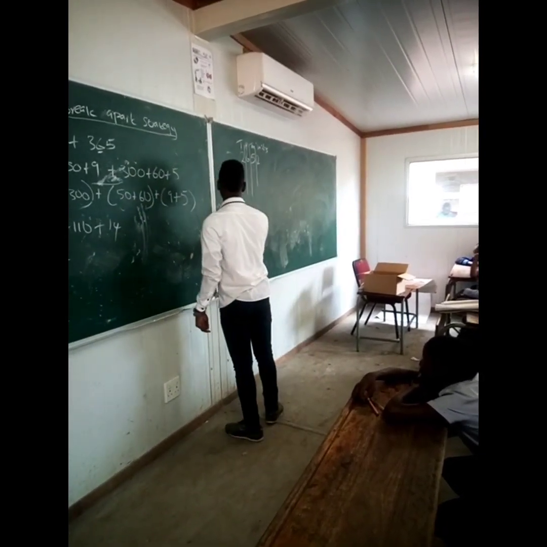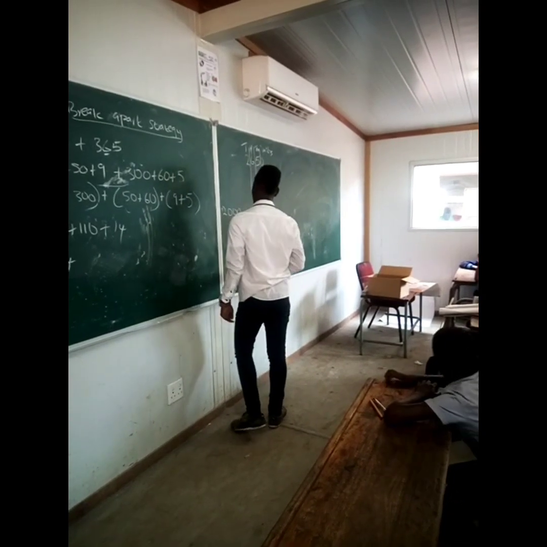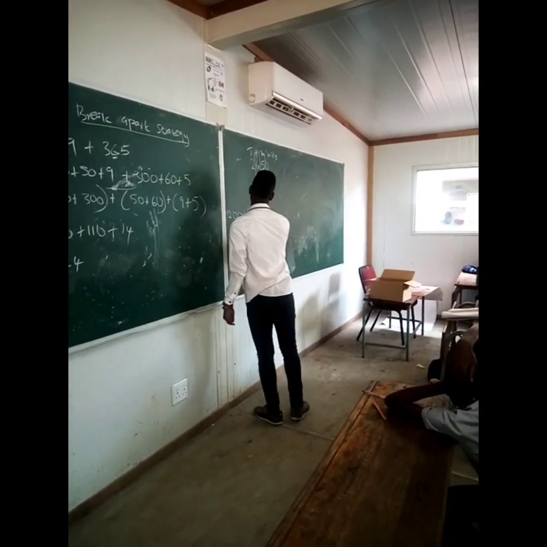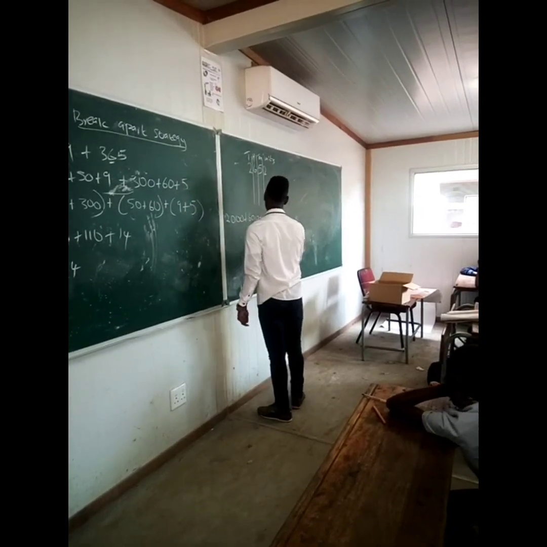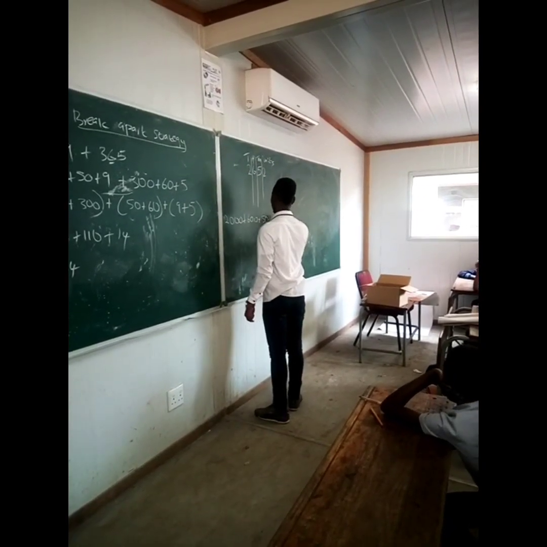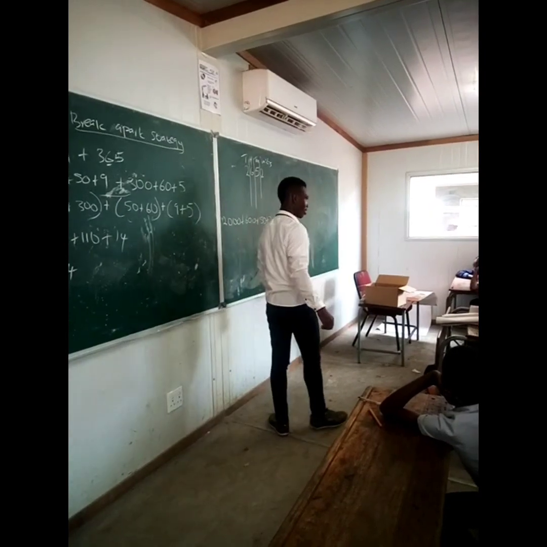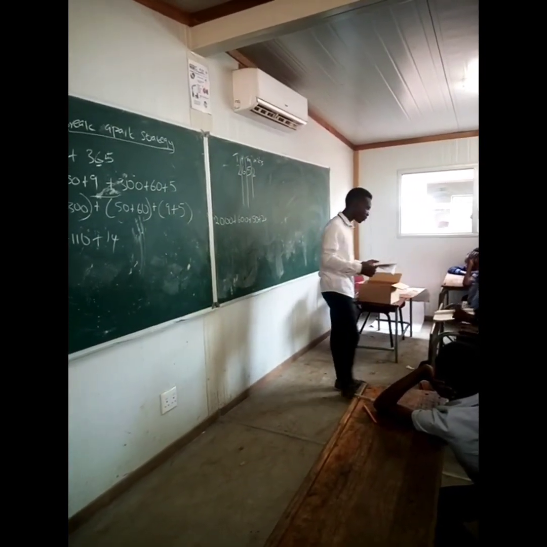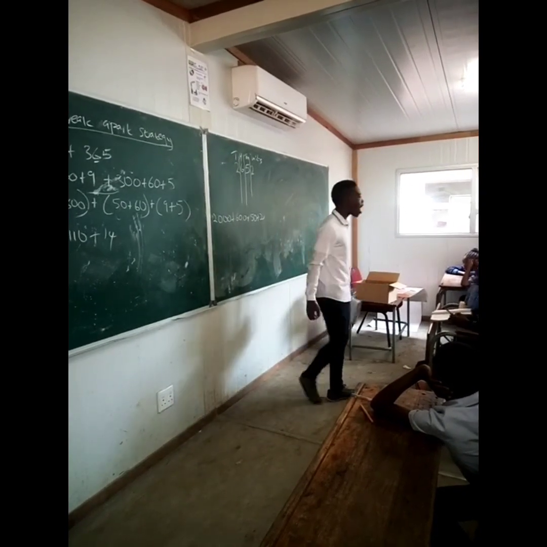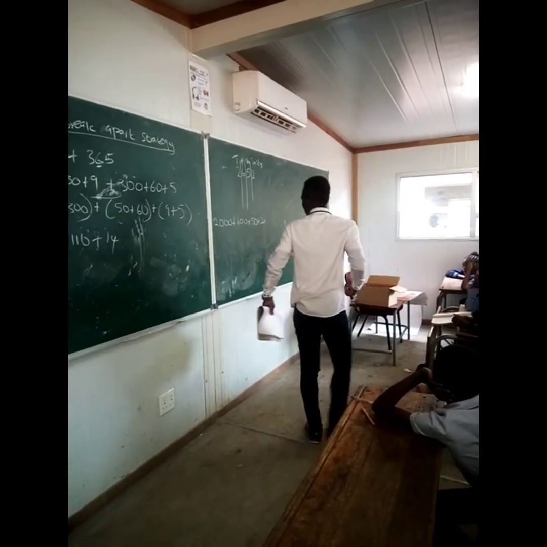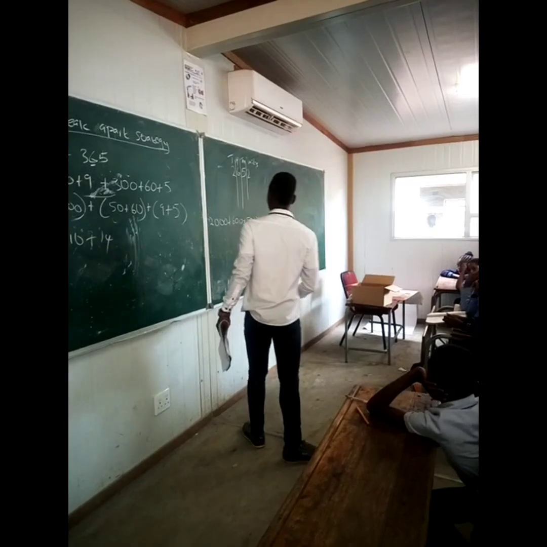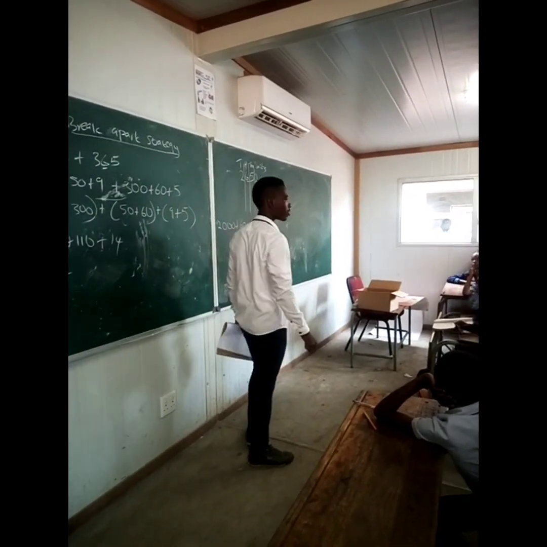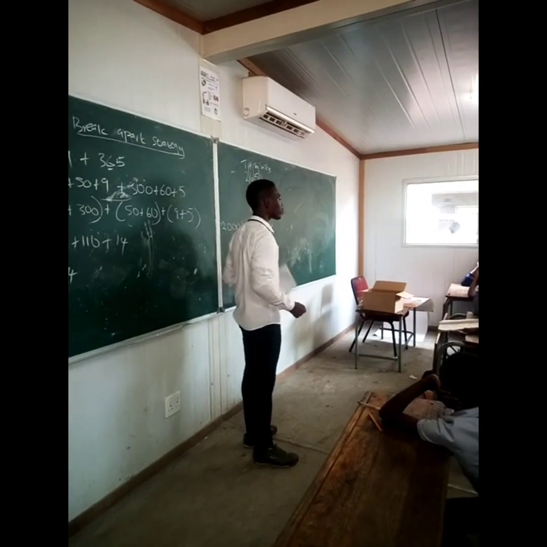So when we break it, we're going to say plus. Now, who can tell me why does the 6 have 2 zeros here?